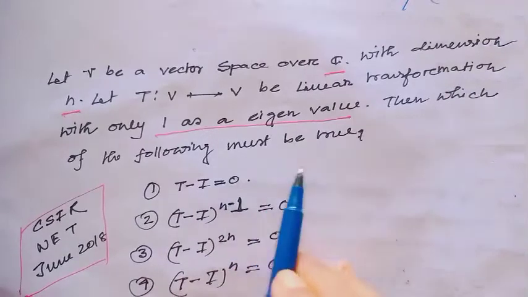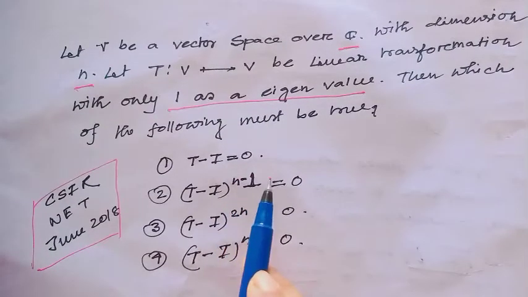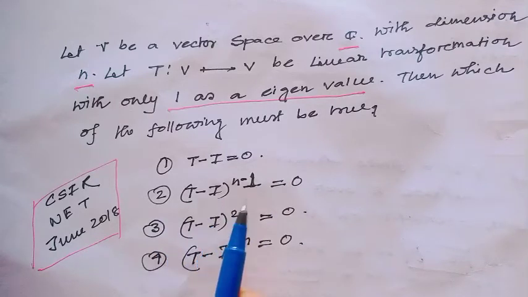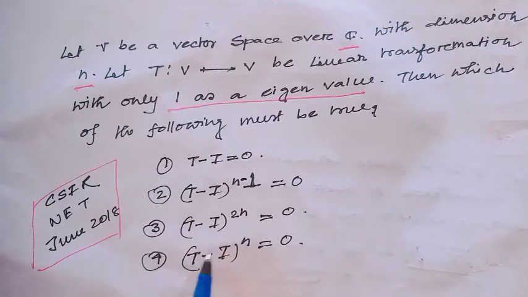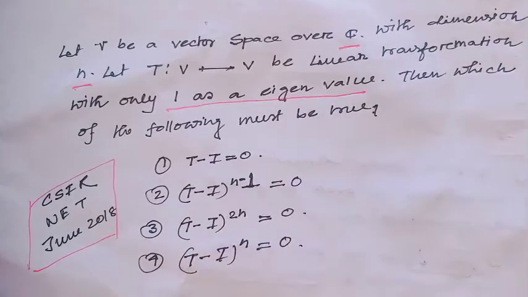Then which of the following must be true? Option 1: T minus identity equals the 0 operator. Option 2: (T minus identity) to the power n minus 1 equals 0. Option 3: (T minus identity) to the power 2n equals 0. Option 4: (T minus identity) to the power n equals 0.